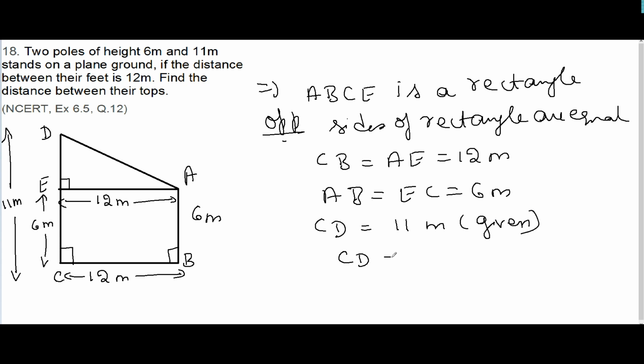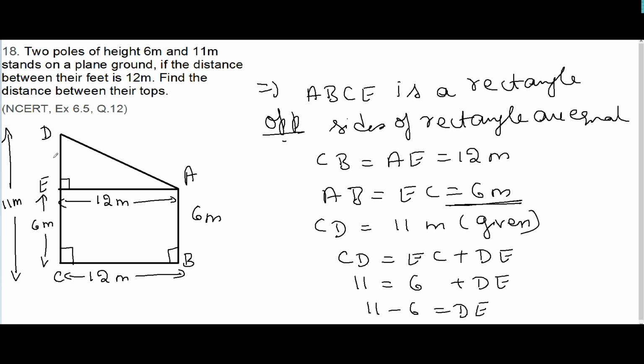What is CD? CD is EC plus DE. This is 11, EC we know is 6, plus DE. 11 minus 6 will give you DE. That means this one is 5. We got this one is 5 and this is 12.